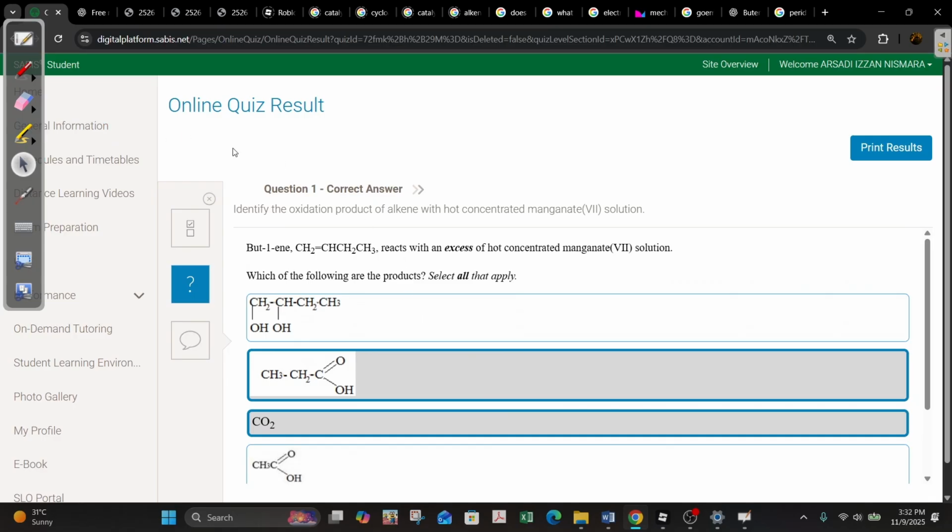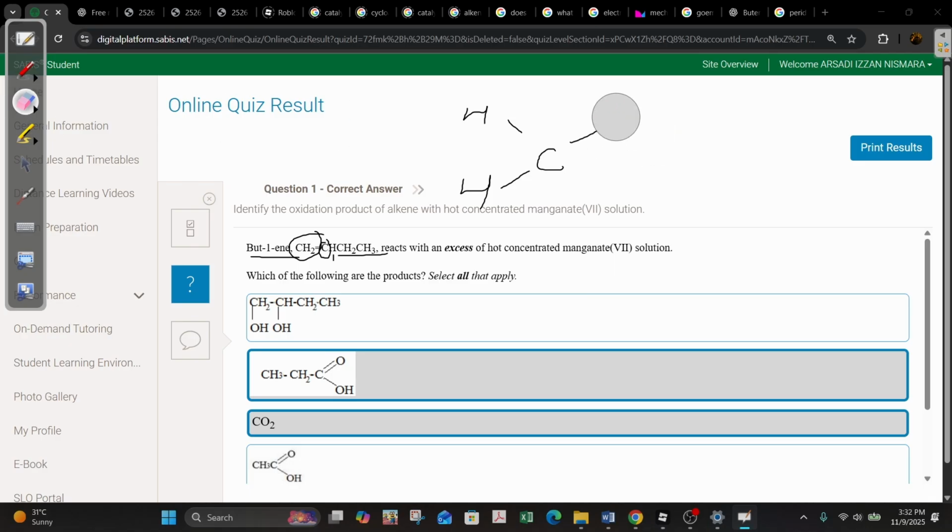Okay, question 1. We have butene, excess hot concentrated KMnO4. This is very simple. We know that. Let me just draw this a bit better. You have a carbon connected to two hydrogens right there, and you have a carbon that's connected to one R group and a hydrogen.